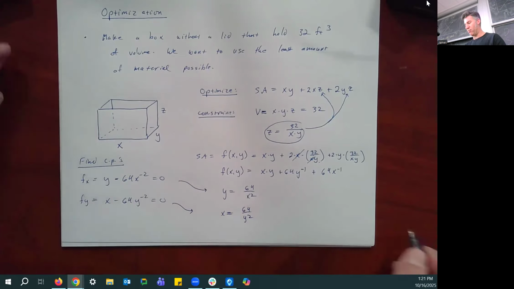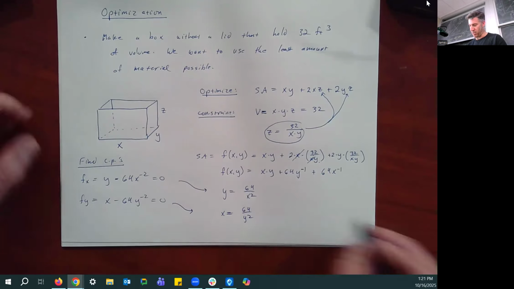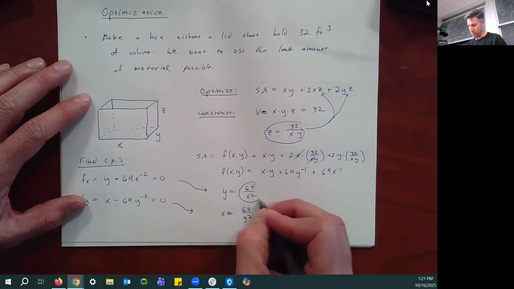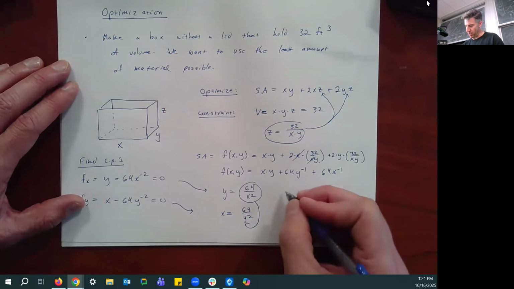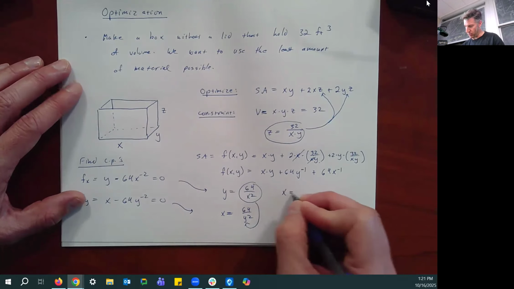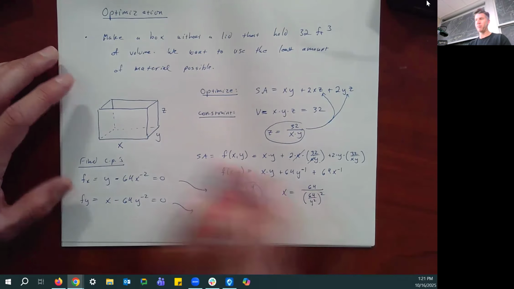And I don't like it, but you kind of have to take one of these and plug it into the other one. So I'm going to take this and plug it in for y down here. That's going to give me x equal to 64 over y squared squared.